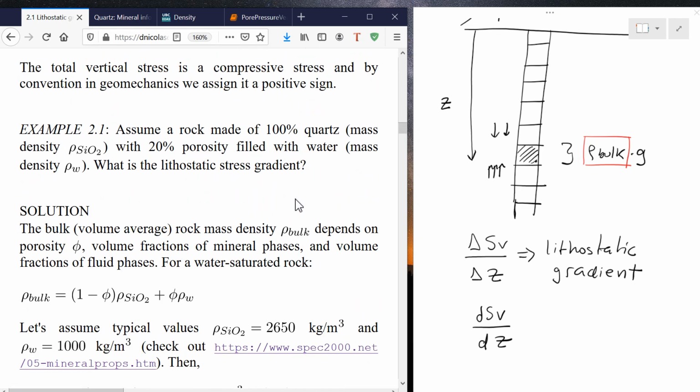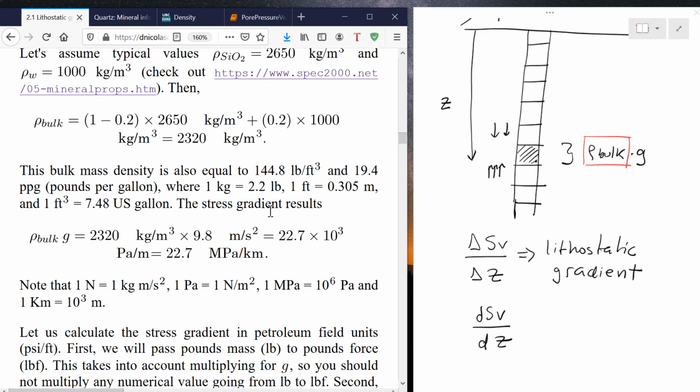All right, now that we have the bulk mass density, if we want to obtain the gradient, which is what I am being asked over here, I need to multiply that times the constant of gravity. In international units, we just multiply times 9.8 meters per second squared, and the result is going to be 22.7 times 10 to the third power Pascal per meter.